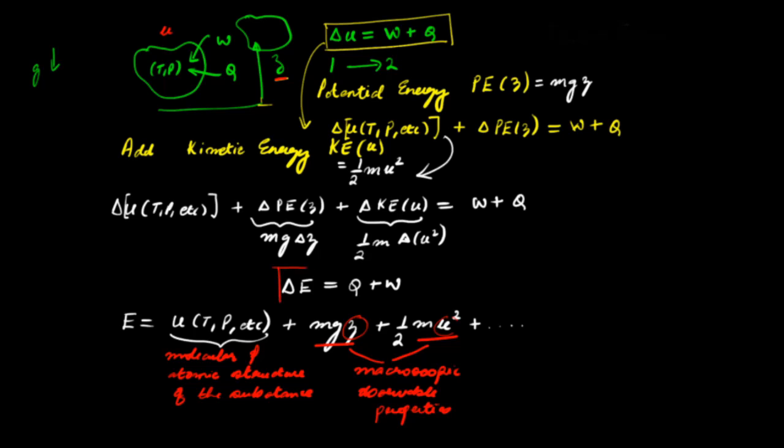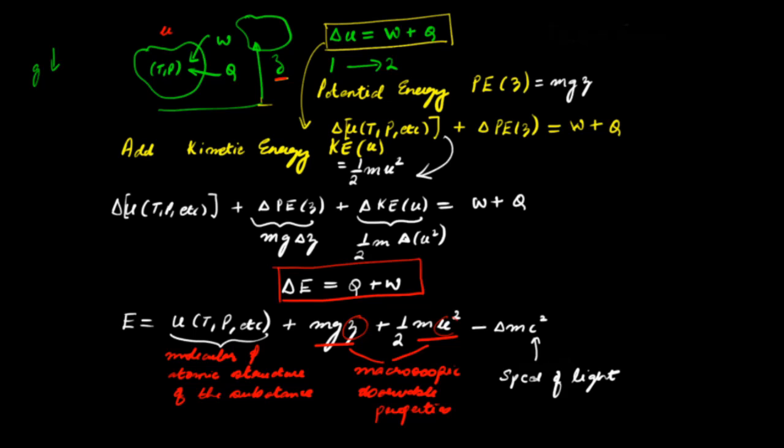So this equation, delta E equals Q plus W, is the more general form of the first law for a closed system. And in fact, you can add more forms of energy over here as well. For example, if you have a nuclear reaction, then we can also add a term such as minus delta m c squared, where c is the speed of light and delta m is the change of mass of the system.